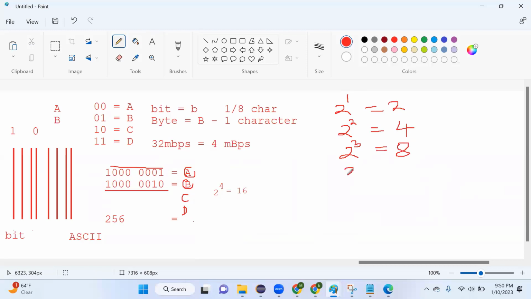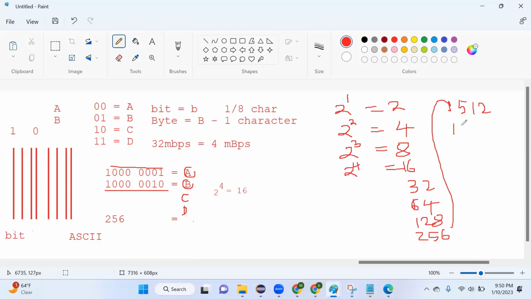If I apply 4 bits, then it will become 16. Then this way 16, then 32, then 64, then 128, then 256, then 512, then 1024. So they will not get 1000.